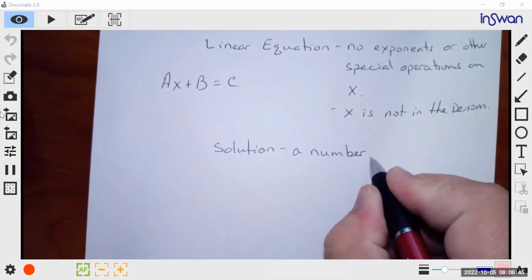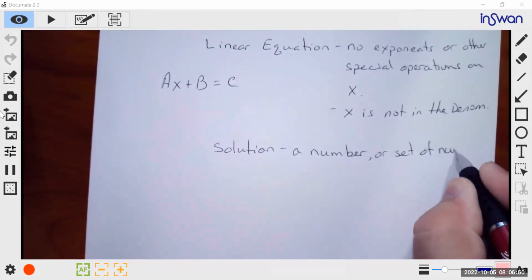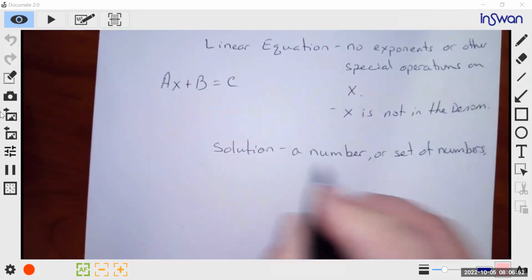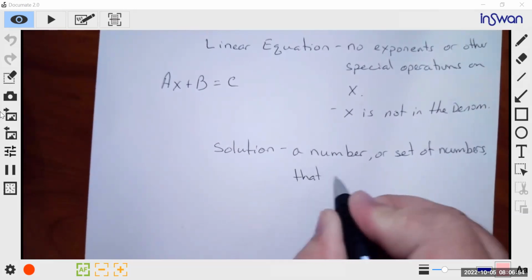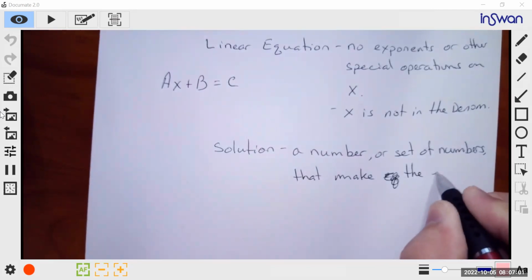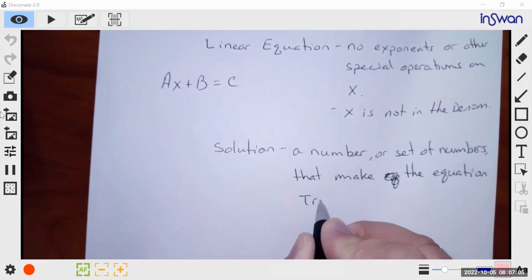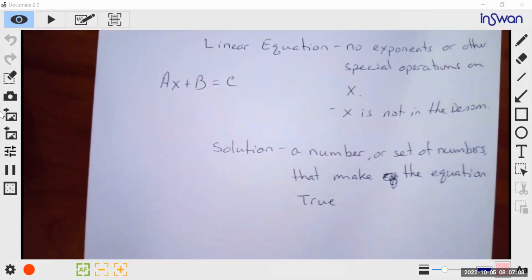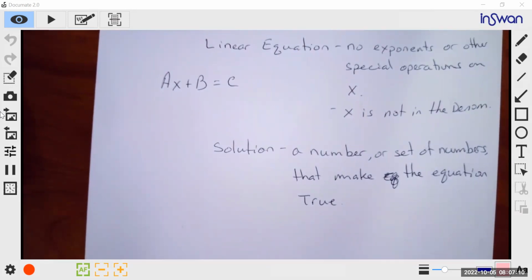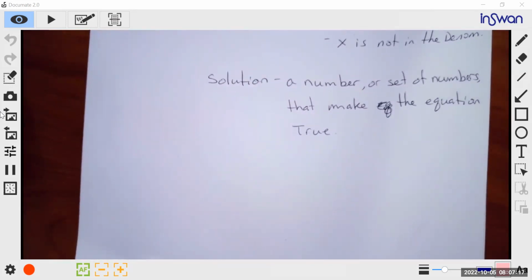A number or set of numbers that make the equation true. Solution is a number or set of numbers that makes the equation true.